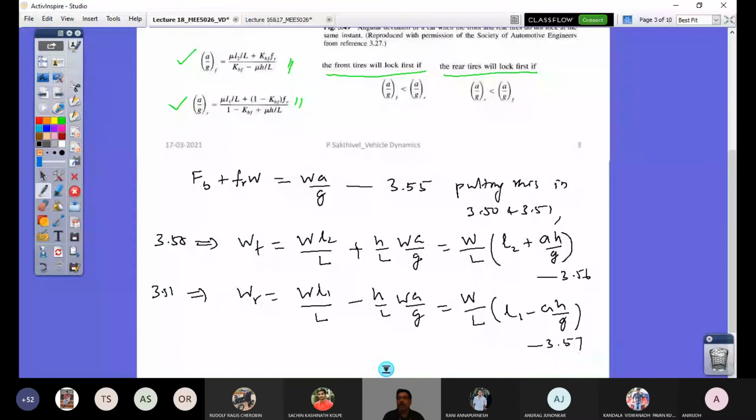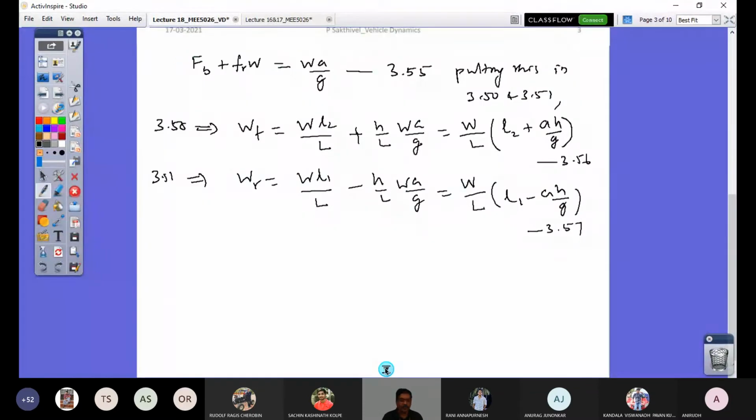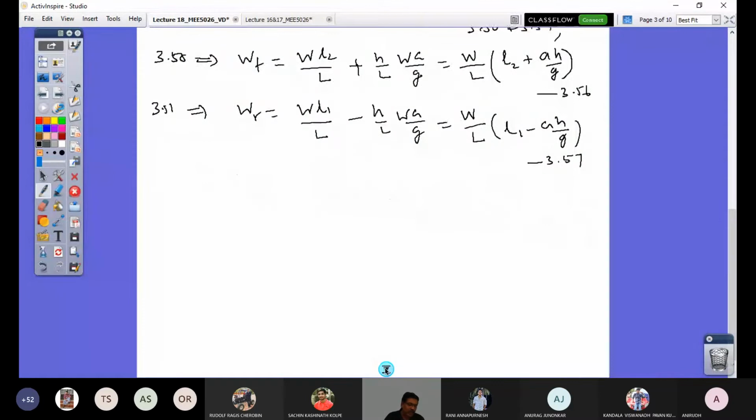So now what I am going to do is consider the braking forces of the front and rear axle as determined by the brake system design. I will have my braking force in the front axle determined from the design of the brake system of my vehicle.